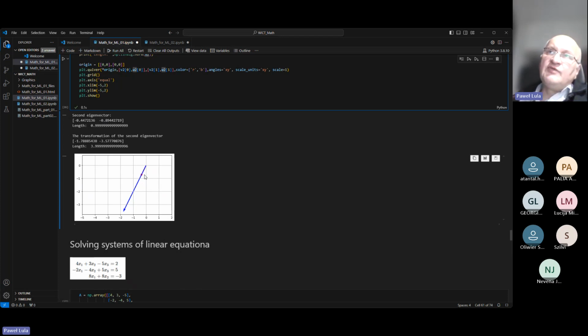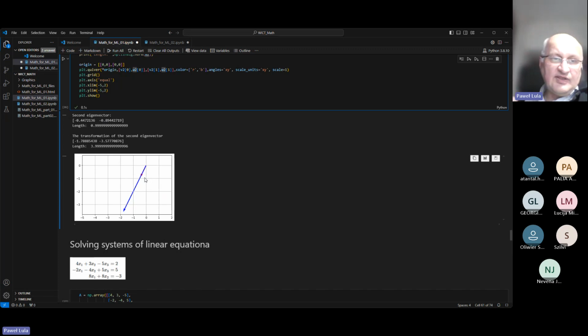So the eigenvector and the result of the transformation are headed in the same direction, and the result of this transformation is 4 times longer than the eigenvector. We see it in this picture. So now we know how to interpret eigenvectors and eigenvalues.